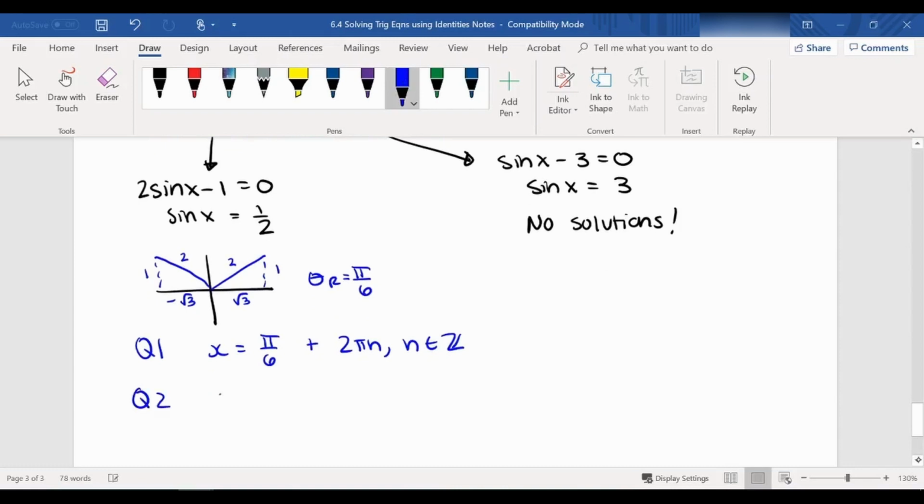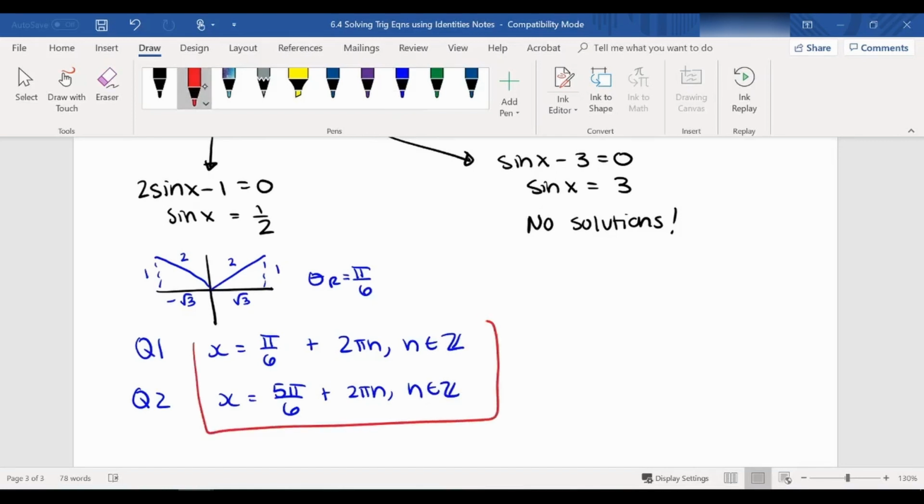And in quadrant 2, x is going to be 5 pi over 6 plus 2 pi n, where n is an integer. None of these are my non-permissible values. My non-permissible value was 0, pi, 2 pi, etc. So we get to keep all of our solutions here, and we are done this question.